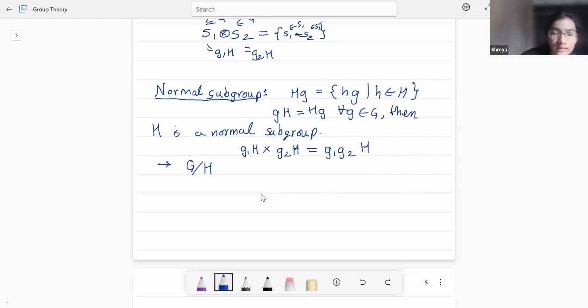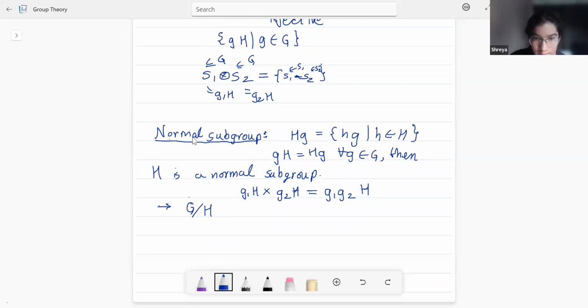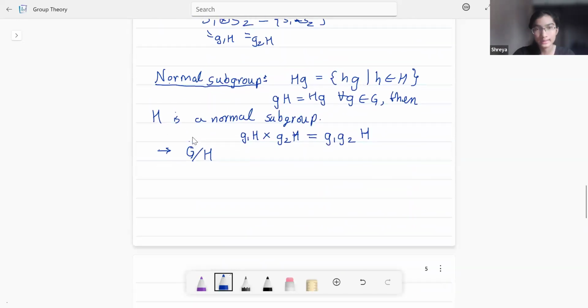Now we need to prove that this is well defined. It is a matter of representation: G1 could have been any element from the equivalence class, and the final multiplication should not change. We need to prove that it's well defined, and the other things will follow quite easily.